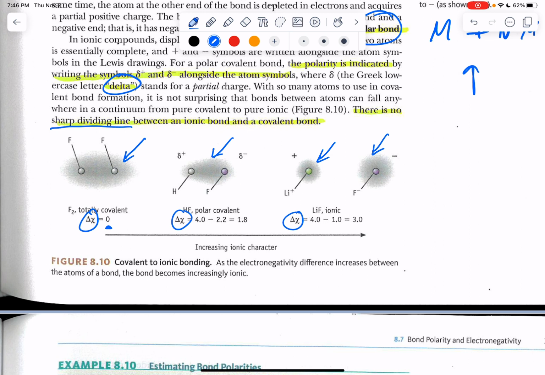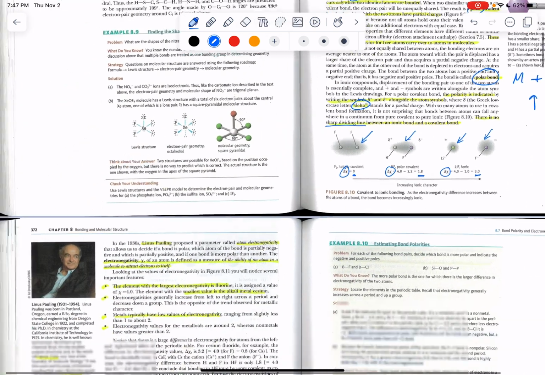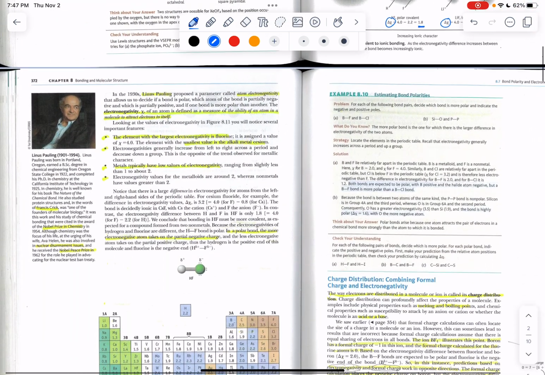If we have a change like this with a nonmetal and a nonmetal, that's definitely going to be polar covalent. If we have a significant change in chi, or electronegativity, of this amount, then it's going to be an ionic bond. I think that covers everything on that page.